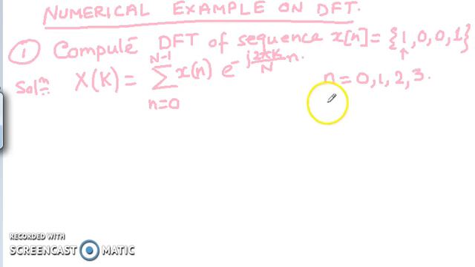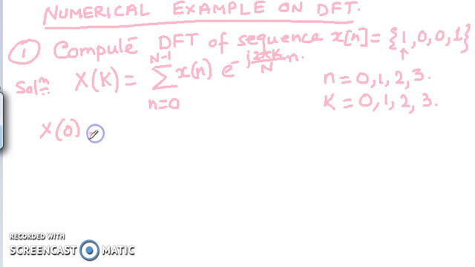Similarly, the frequency index k will also be 0, 1, 2 and 3. So we are going to get 4 values of X: X0, X1, X2 and X3.